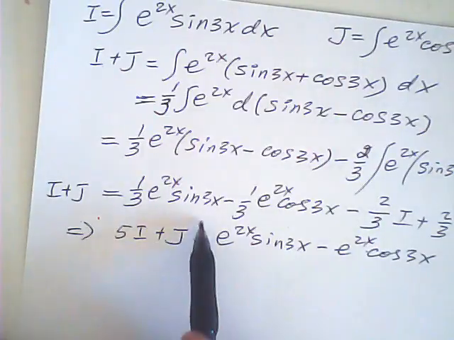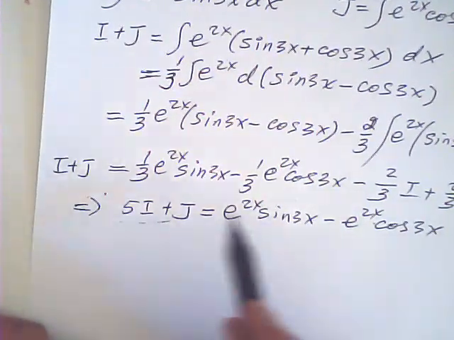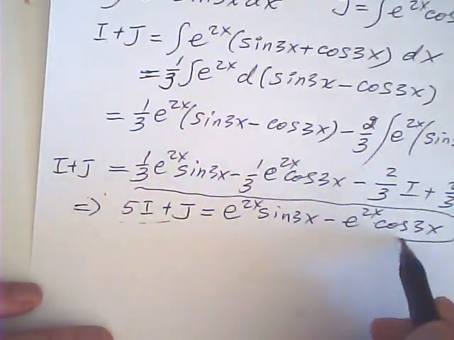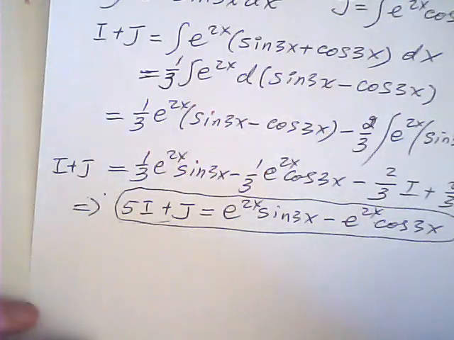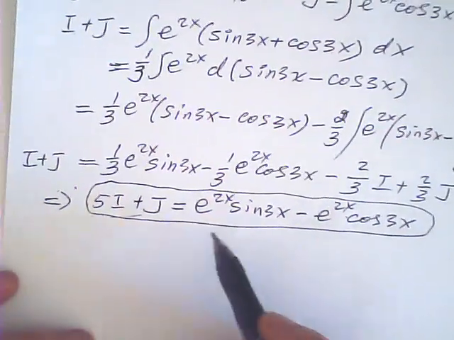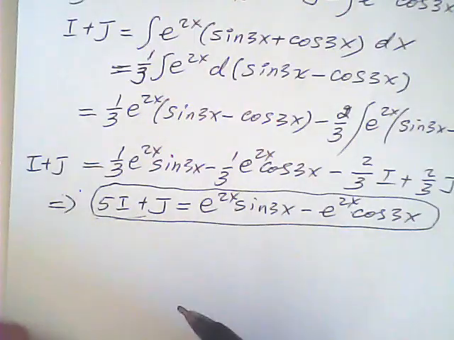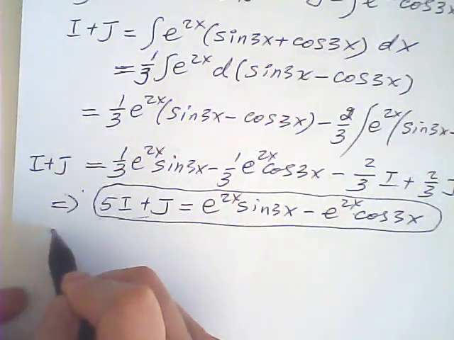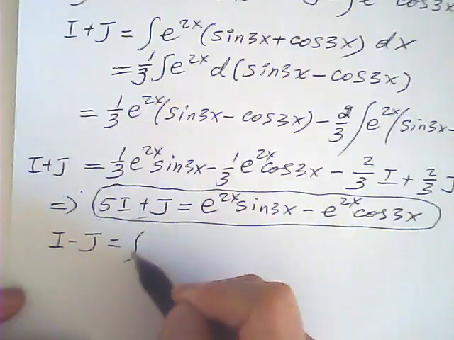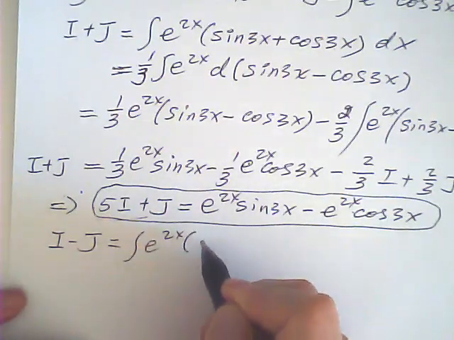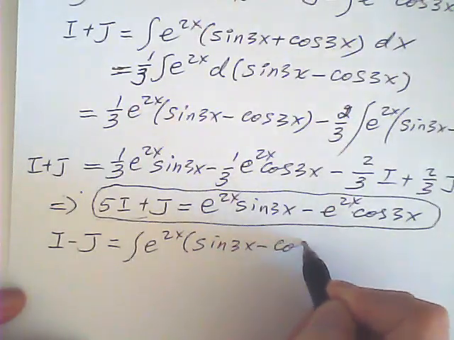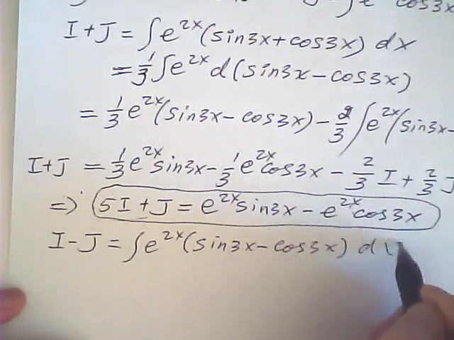Okay, the constants are there. All right, that is one equation I created. Now to find I, I need two simultaneous equations. Then I can find I, right? And then I'm using this: I minus J is equal to the integral of e to the 2x times sine 3x minus cosine 3x dx.